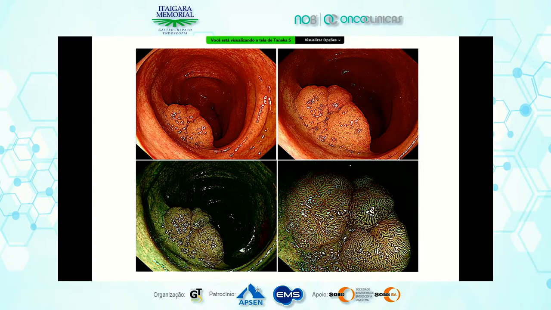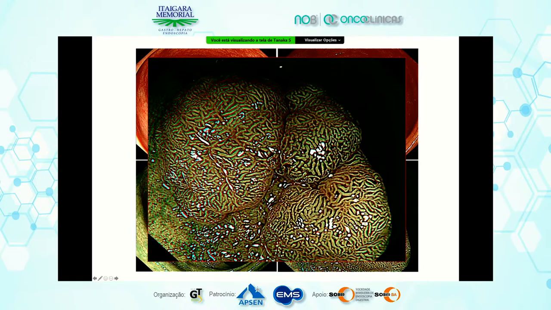This is a typical adenomatous lesion. Please remember this picture. This is typical type 2A, regular pit-like pattern. The pit-like pattern shows a smooth margin.